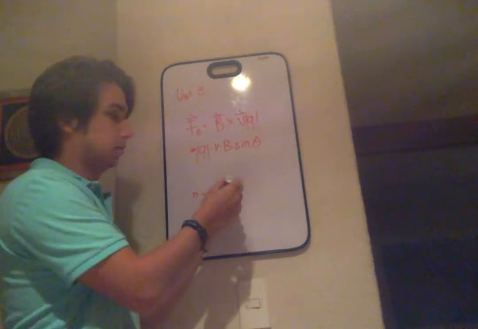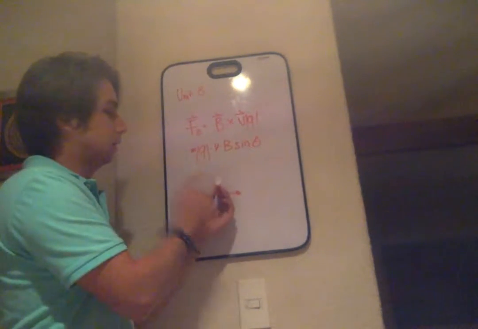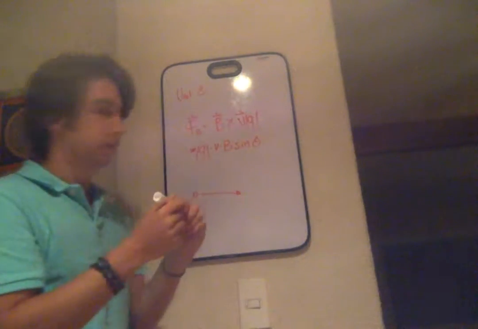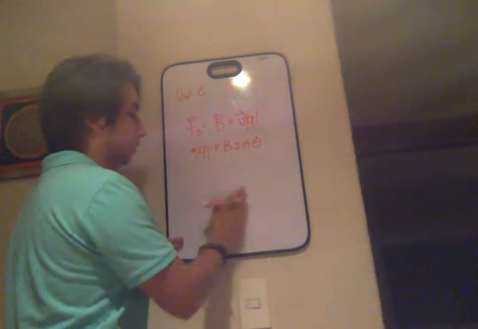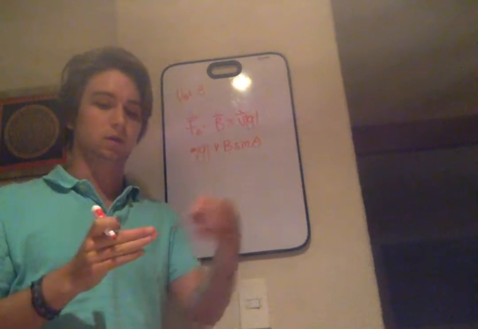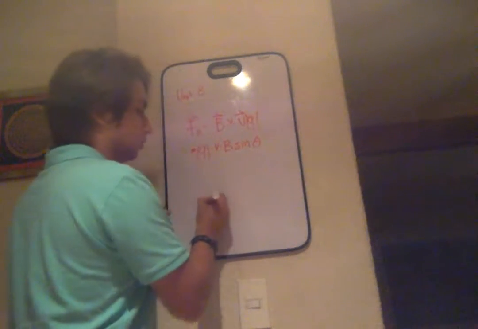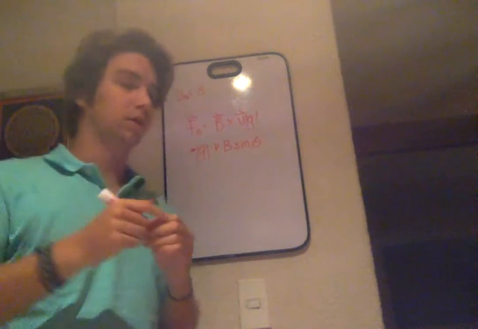This is the magnetic field, and this is the velocity of the particle. So they're perpendicular. And once the particle gets close enough to the magnetic field, then the particle will start going around the magnetic field.